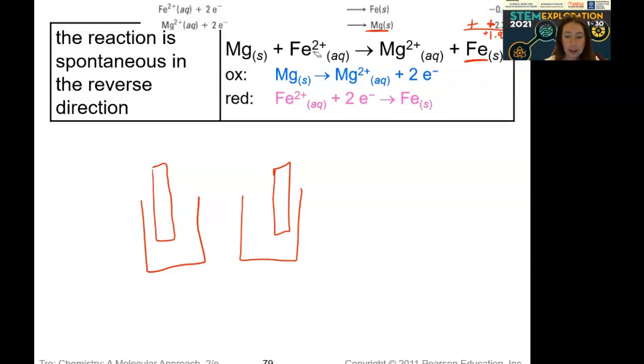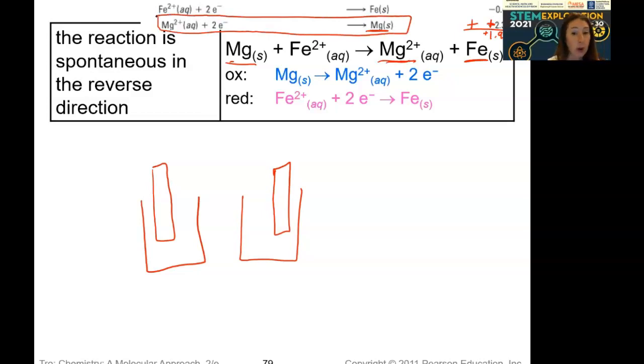It goes from Mg to Mg2+. We write them all as reductions, and we have flipped this one, so now it is an oxidation reaction, because it lost electrons.